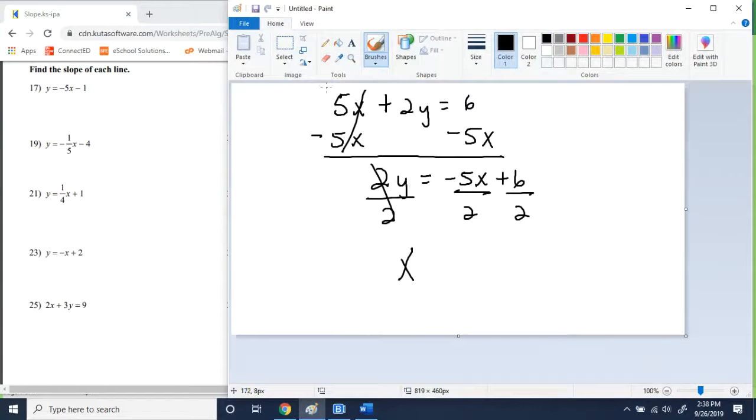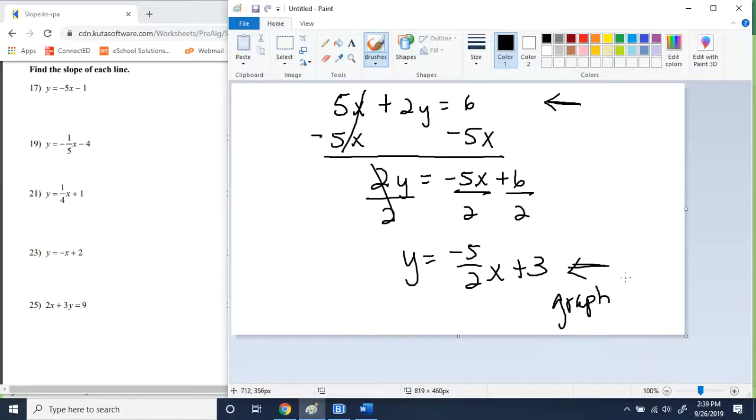Sorry about that. This x should actually be a y. y equals negative 5 over 2 x plus 3. So this is going from standard form to slope y-intercept form. This is much easier to graph. This is what you want it to look like to graph.